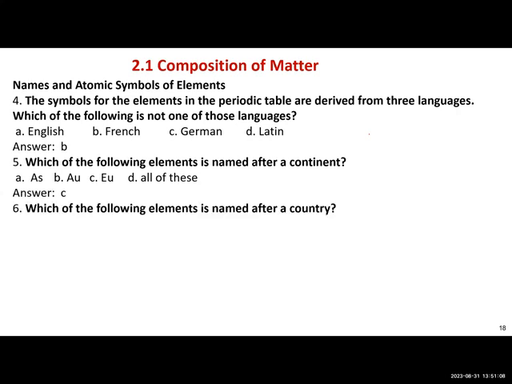Answer is C. Which of the following elements is named after a country? Francium for France, germanium for Germany, polonium for Poland. Marie Curie is a Polish chemist. Therefore, all of these are named after a country. D is the correct answer.